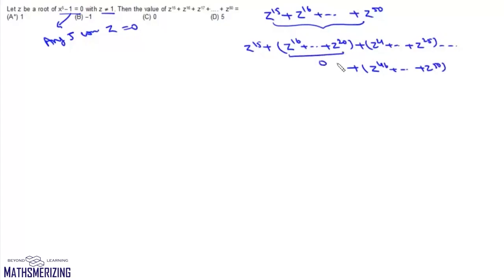Now the sum of all these sets is nothing but 0. So this sum will be nothing but z to the power 15. Now since z to the power 5 is 1, z to the power 15 will also be 1. So the value of this summation is nothing but 1, and that's your option A.